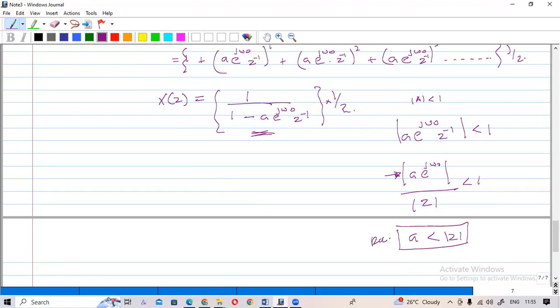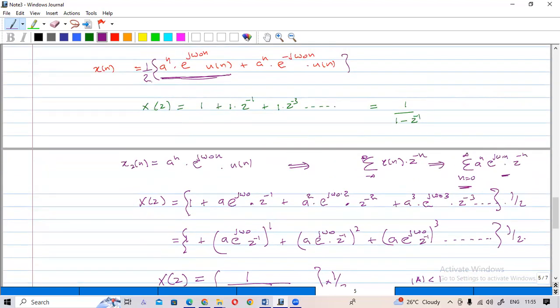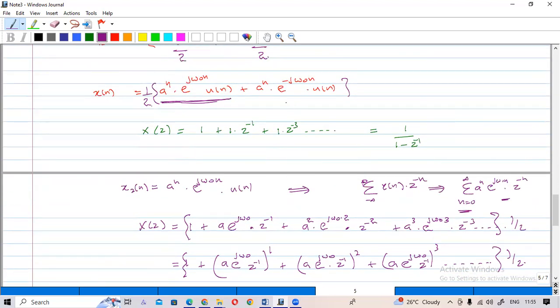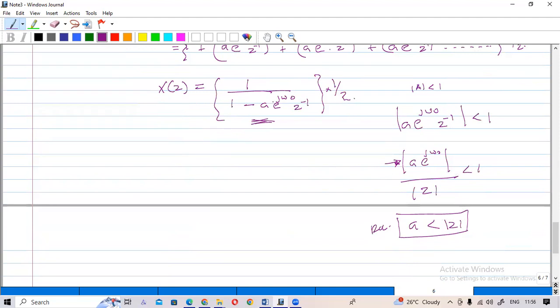So in the same manner, you can find the Z transform of this one. Let's say this is x1 and this is x2.